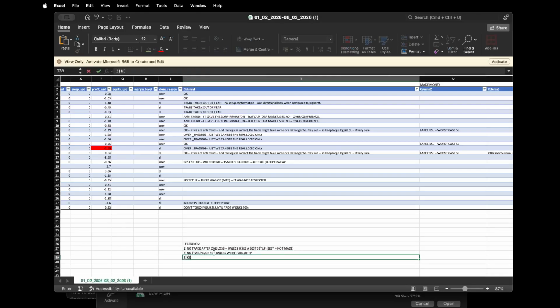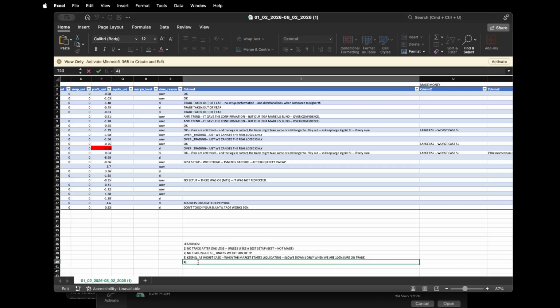Third, keep SL as worst case when the market starts liquidating or slows down, maybe slows down, it's not that volatile, but only when you are very sure, only when we are 100% sure on the trade.